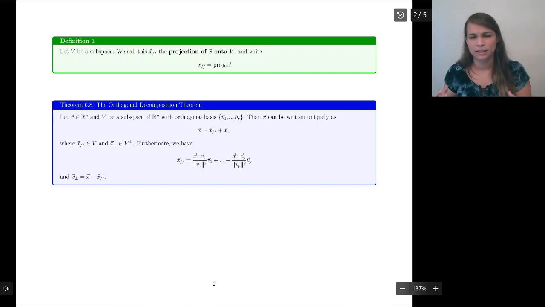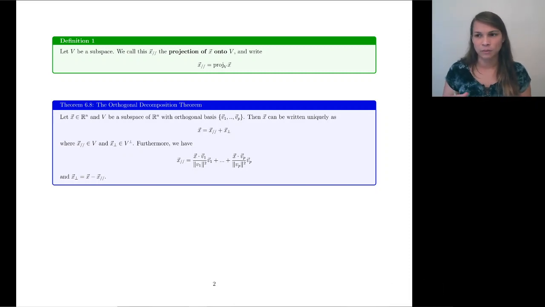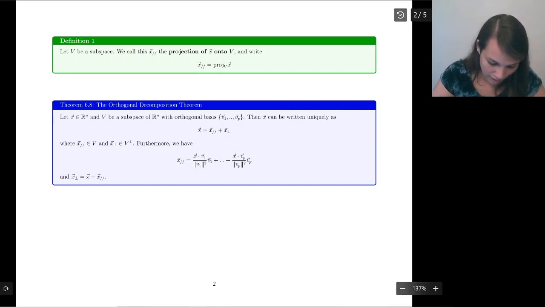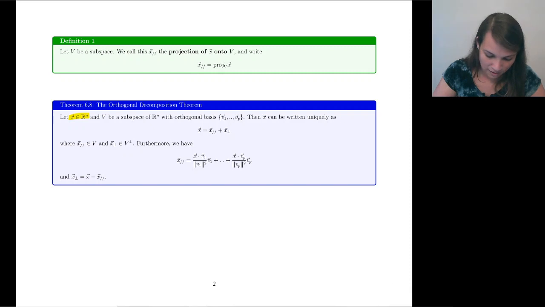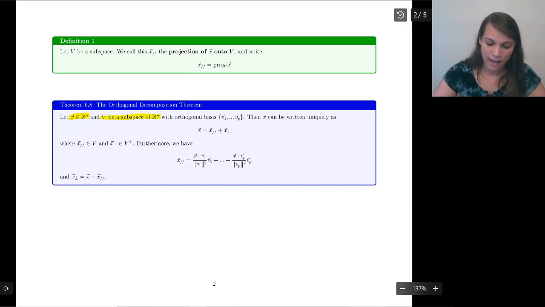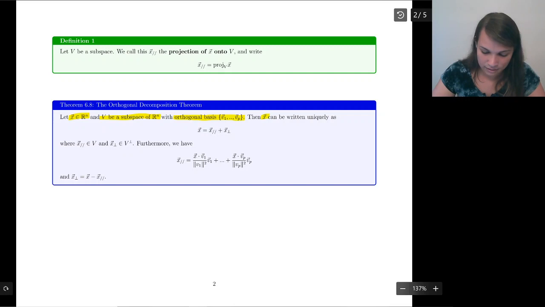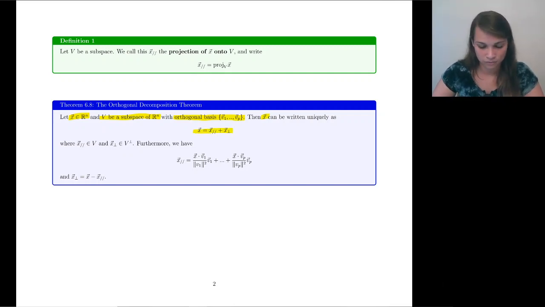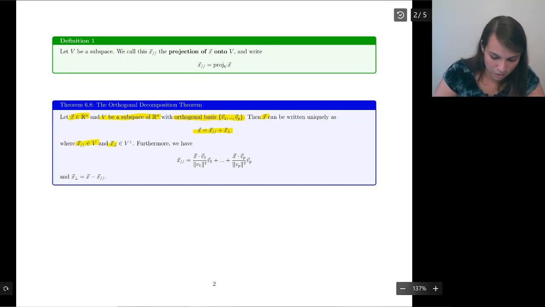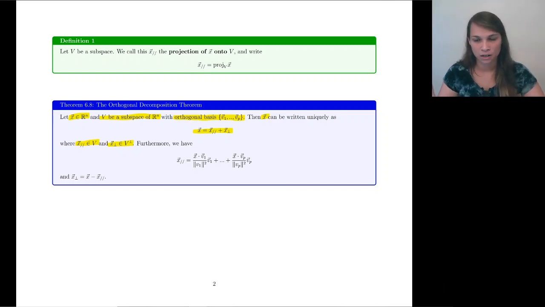Okay, but how do we calculate this x parallel now? We had a formula, the Calc 3 formula. Let's look at this theorem. So we've got x is a vector in Rn. We have V is a subspace in Rn, and our subspace has this nice orthogonal basis. We can then write x as two components, its parallel component and its perpendicular component, just like I talked about, where the parallel component would be in V and the perpendicular component would be in the orthogonal complement of V. Remember we talked about that?